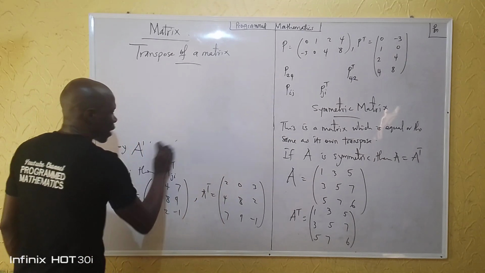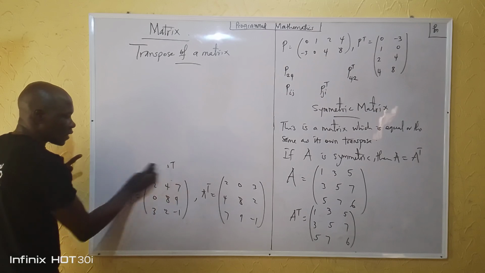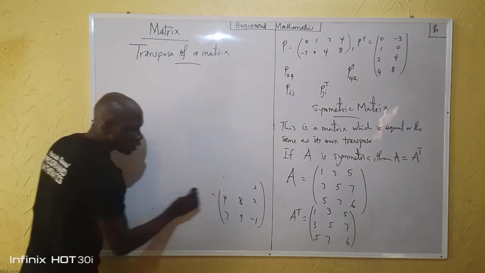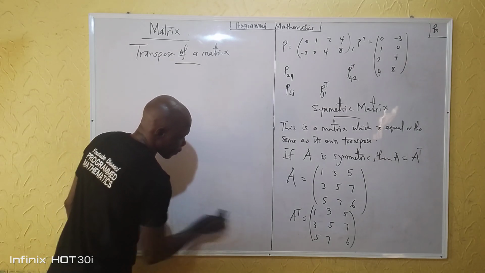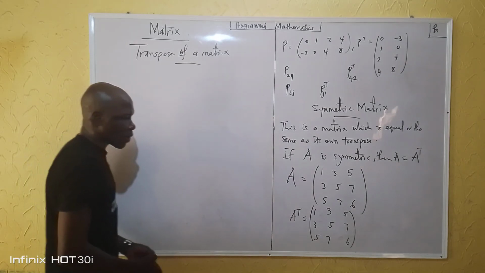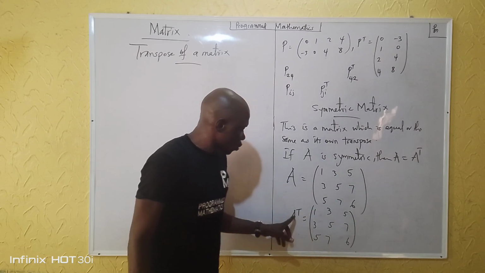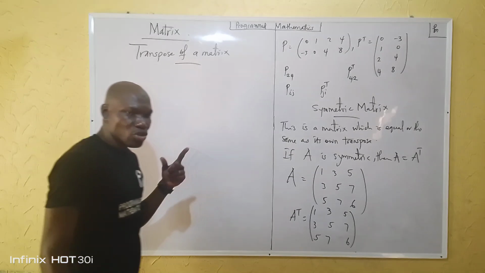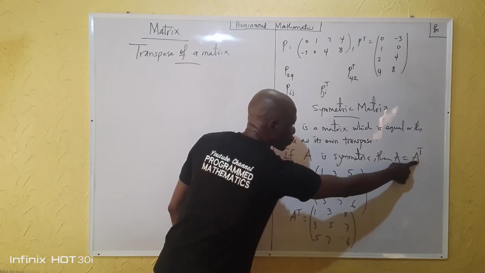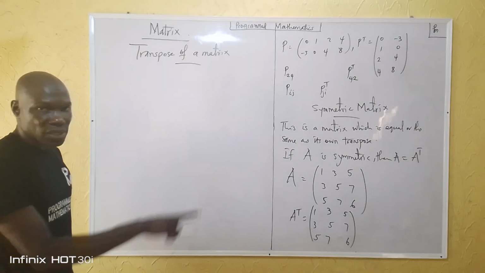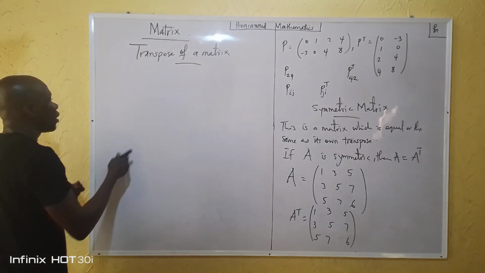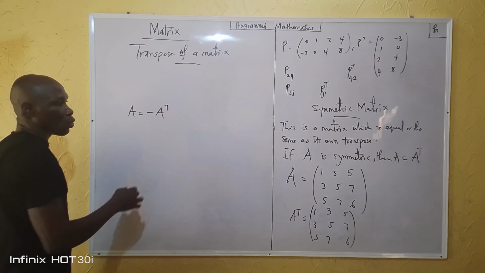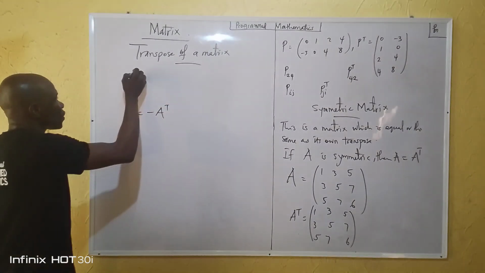I'm still going to talk about the transpose. But in this case, the transpose is not just A equal to A transpose. In this case, we are simply saying the matrix is the same as the negative of its own transpose.